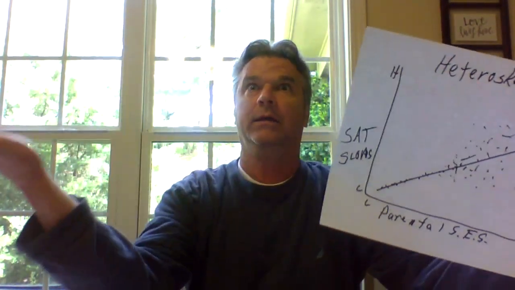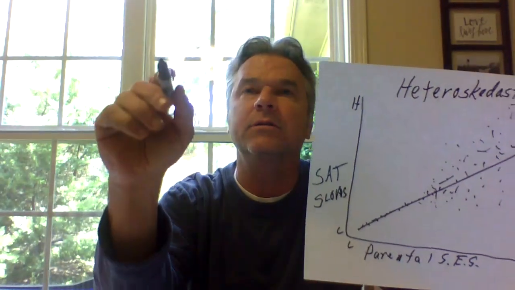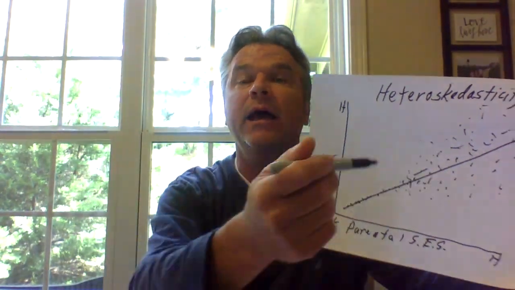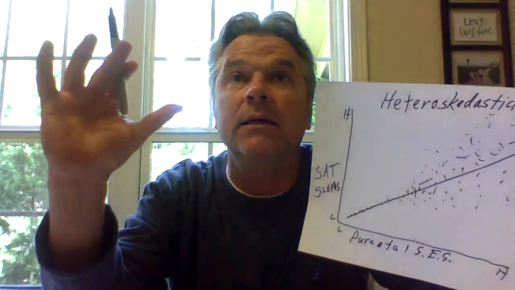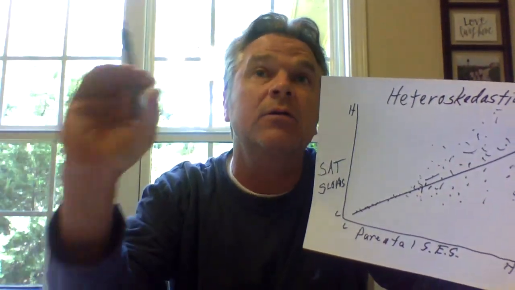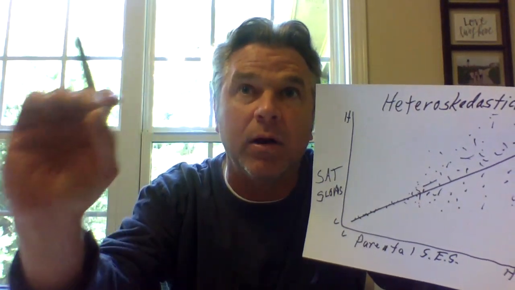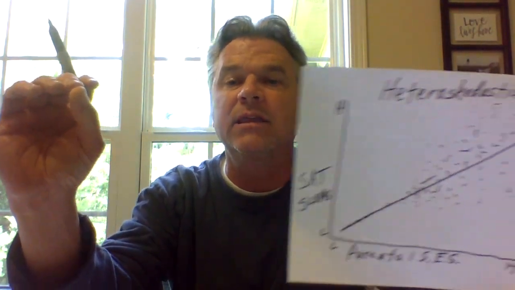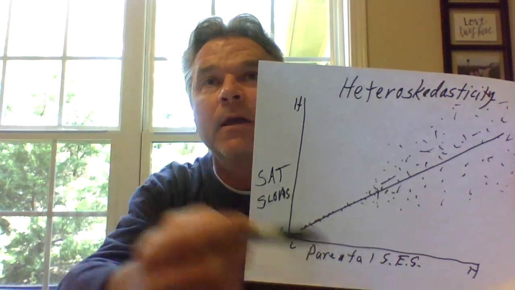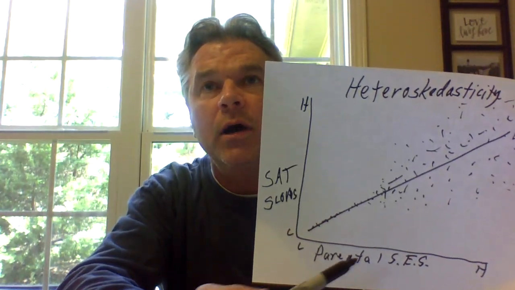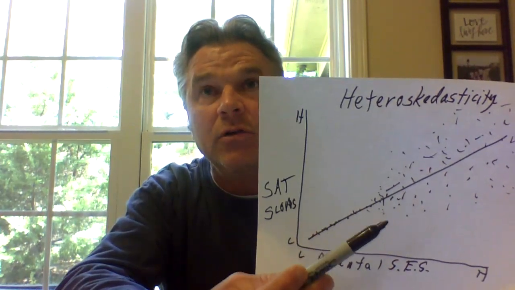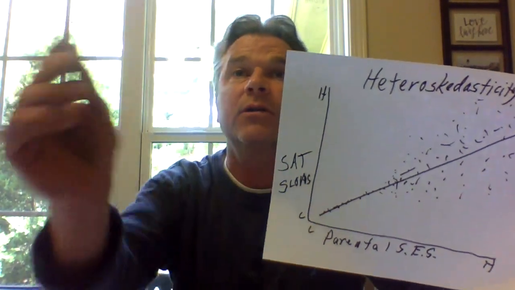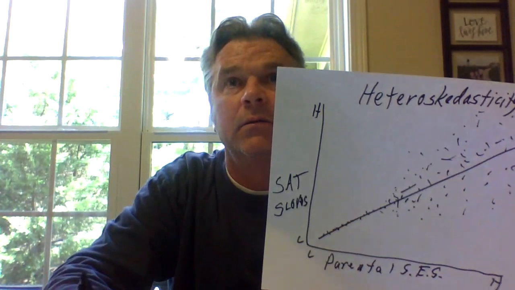Exactly. So the London School of Economics will say heteroskedasticity is a modeling problem. It's a model specification problem. It means theoretically you don't know enough about these high parental households to have included that in your model.